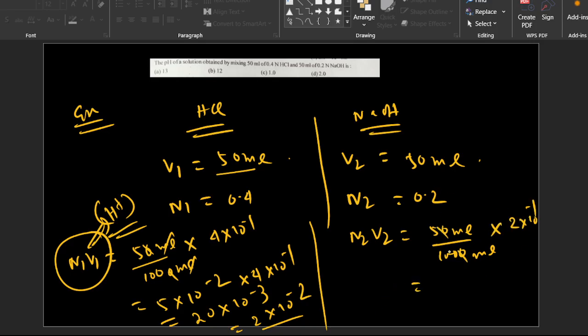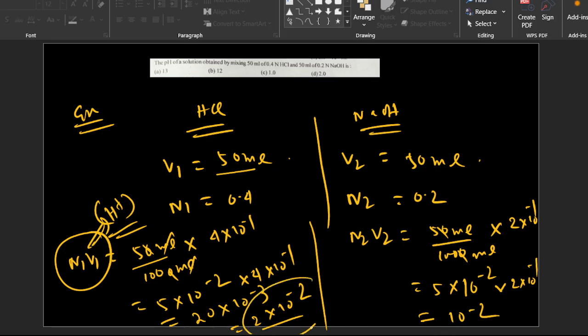So I can cancel, that is 5 into 10 raised to minus 2 into 2 into 10 raised to minus 1. That is 10 raised to minus 2, so this is equal to 10 raised to minus 2.